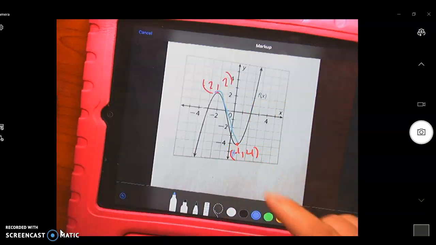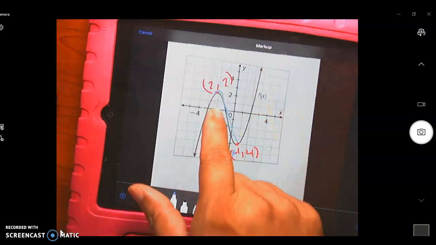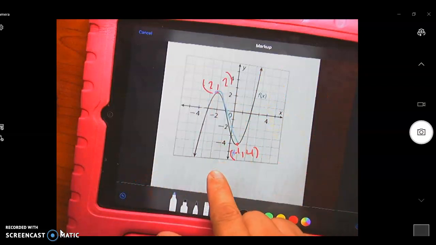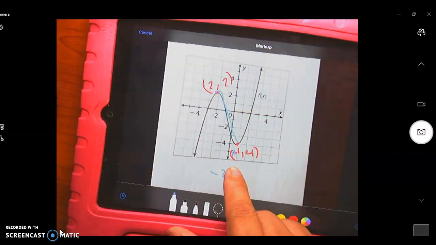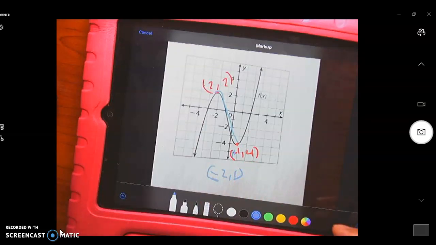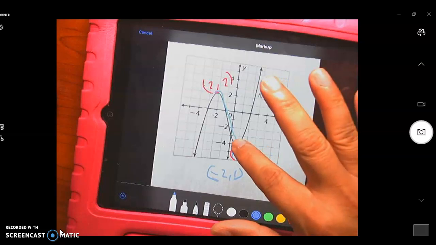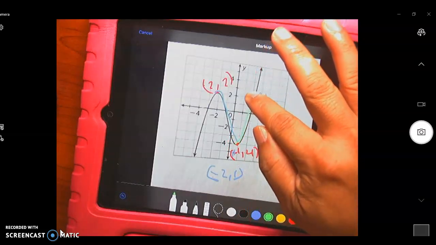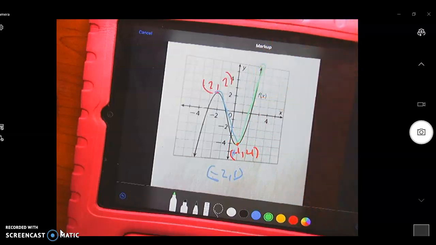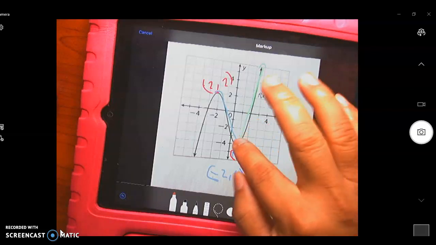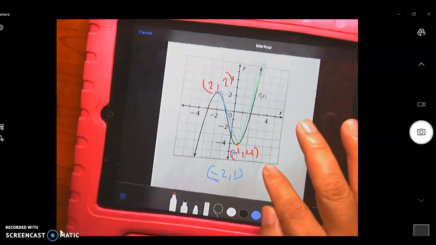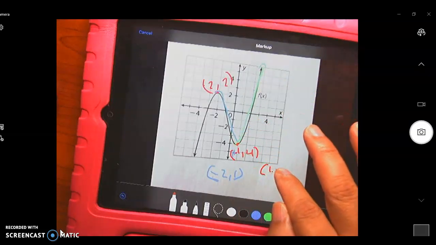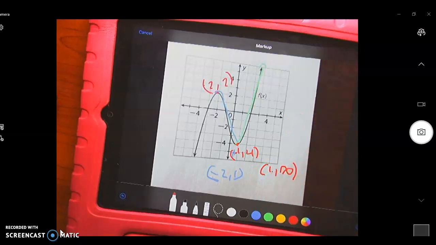So we can say it's decreasing from -2 to 1. And then increasing would be from the local minimum up to that. And we can say it's increasing when x is 1 to positive infinity.